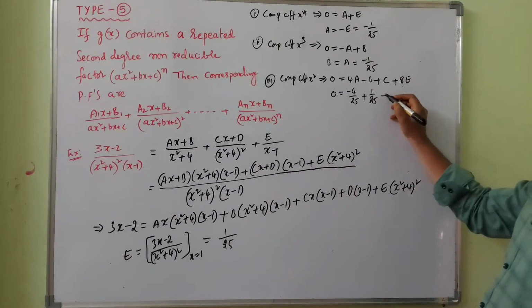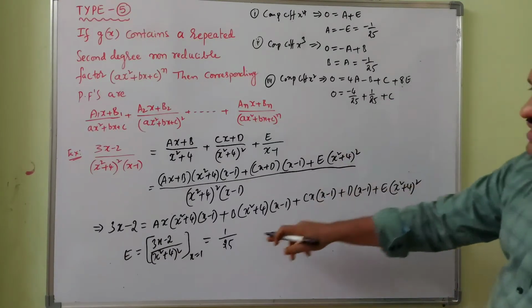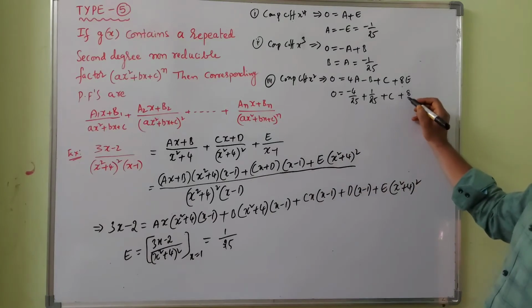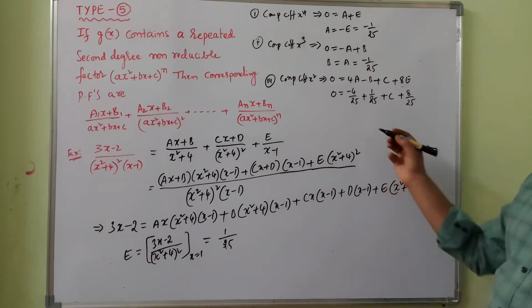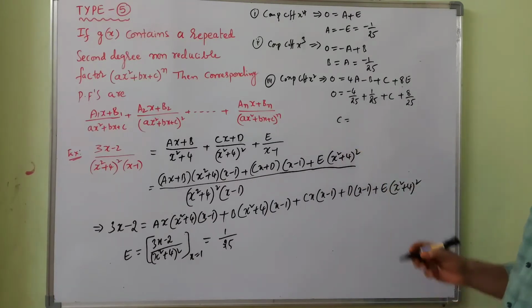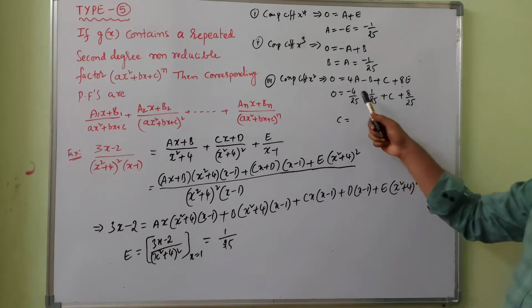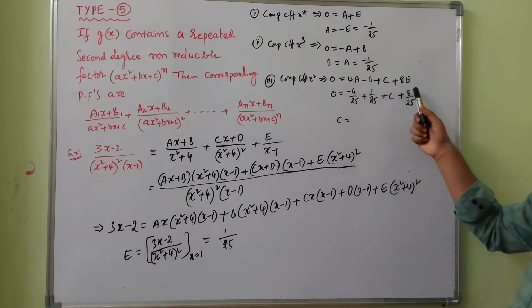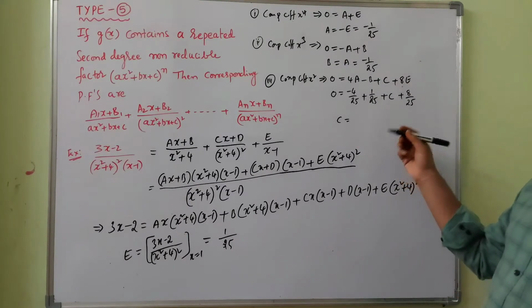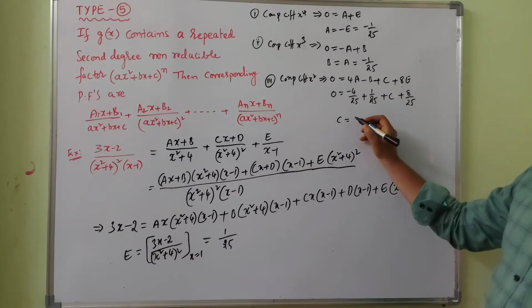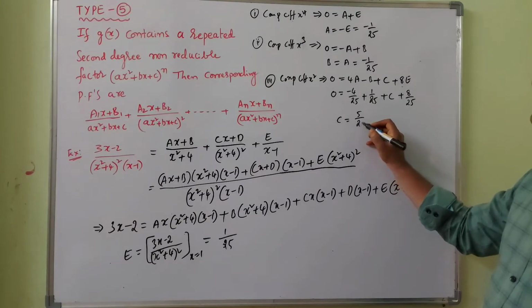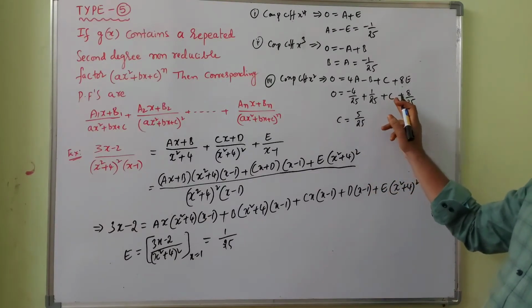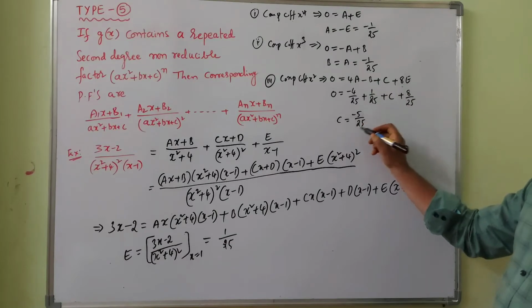The c value we don't know. 8e, e is 1 by 25, so you will get 8 by 25. Now what do you get for c? The denominators are the same, add these three: minus 4 plus 1 is minus 3, plus 8 is 5. So 5 by 25 you will get, and c is equal to minus 5 by 25.